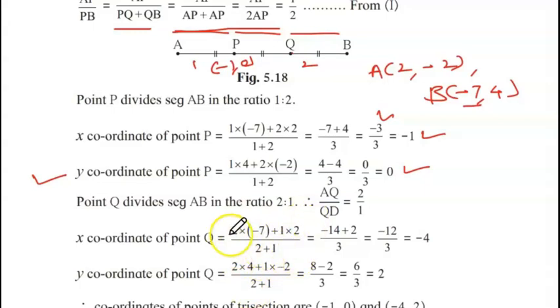That is 2 into -7 is -14, 1 into 2, upon 2 plus 1. -14 plus 2 means -12 upon 3, that is -4.